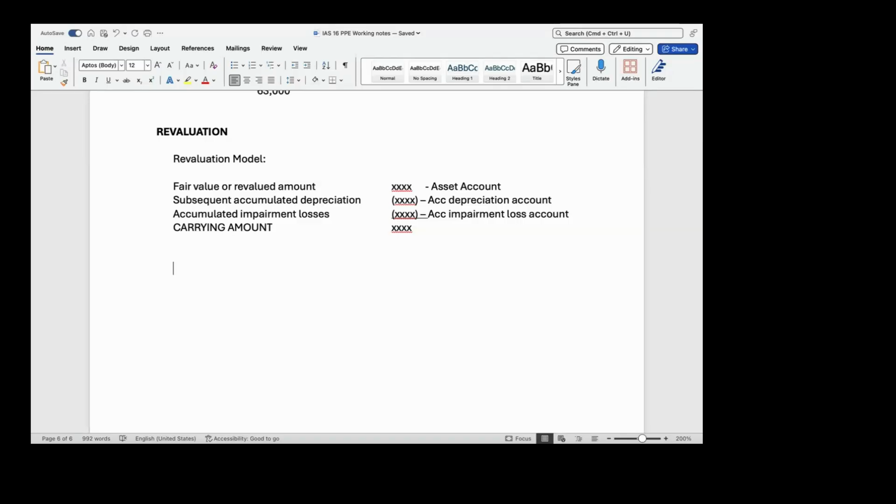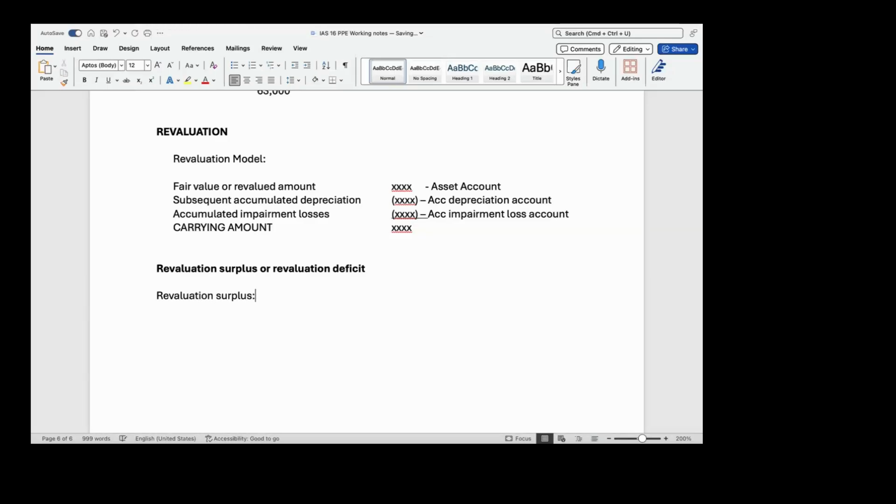So at the date when that revaluation is determined, there would either be something we call a revaluation surplus or a revaluation deficit. So the first thing I need to talk about is how do you then address this? Because when you have to do revaluation at a certain date in time, it will always give rise to either of these.